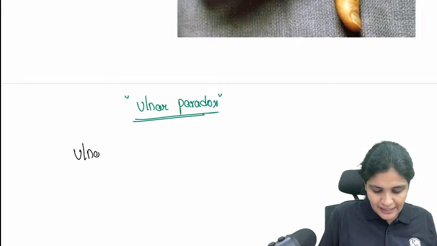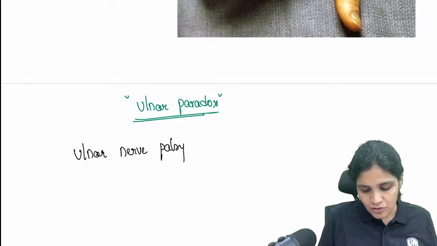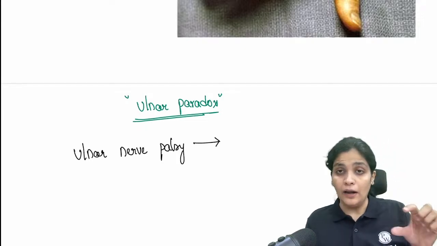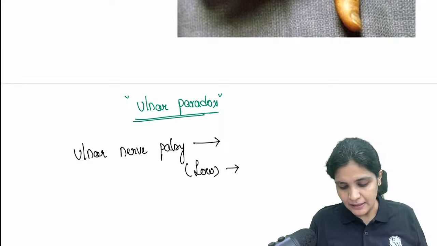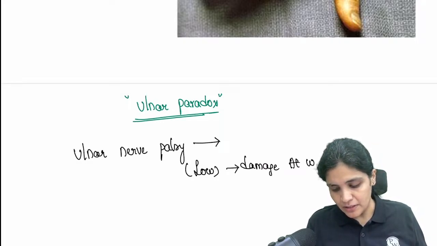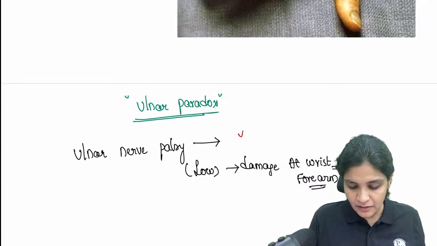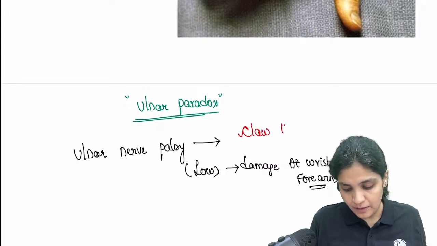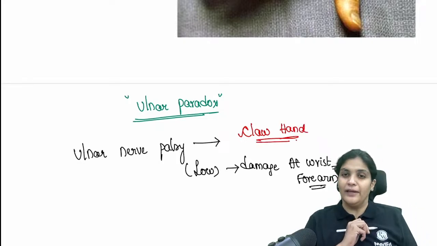Whenever you say there is ulnar nerve palsy, usually we are talking about a low ulnar nerve palsy, right? That means damage at the wrist or forearm, that is below the elbow. Now what you see here is a claw hand, a very prominent claw hand. Why is this clawing happening?